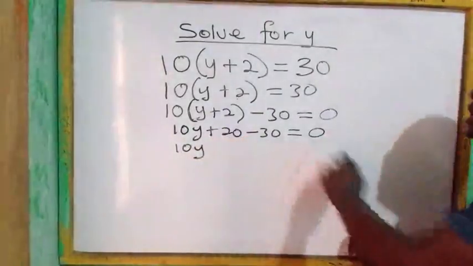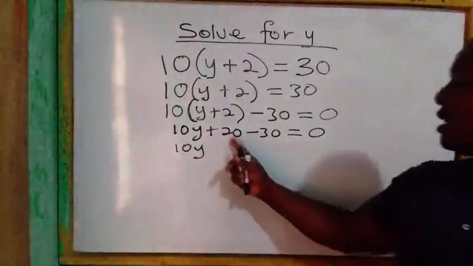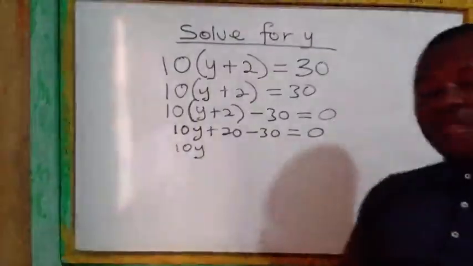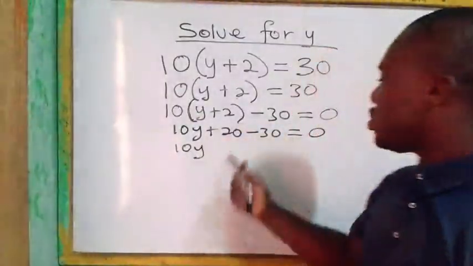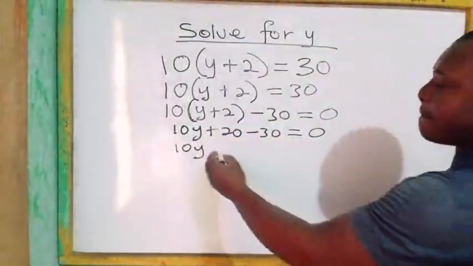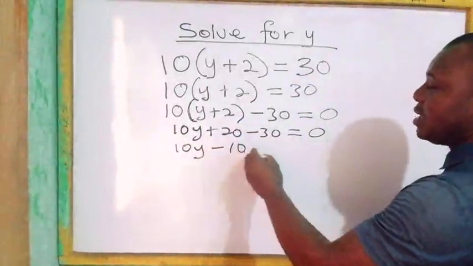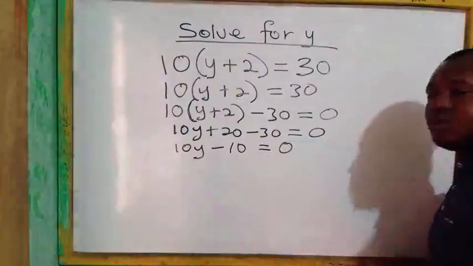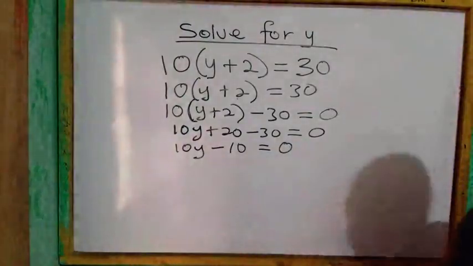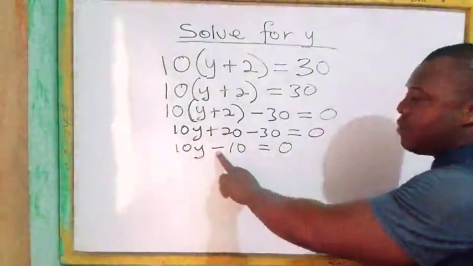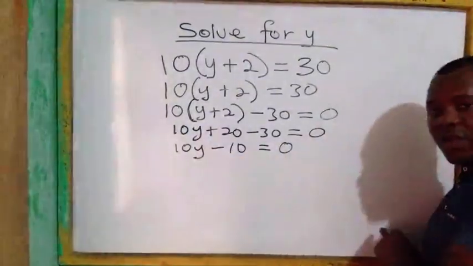Then we have plus 20 minus 30. 20 minus 30 will give you minus 10. Then we have equal to 0. So now, we see 10y minus 10 equal to 0.